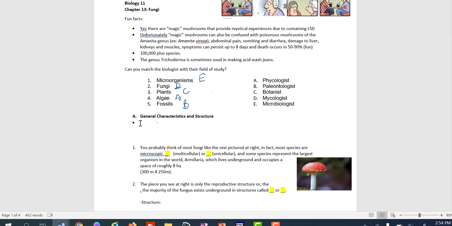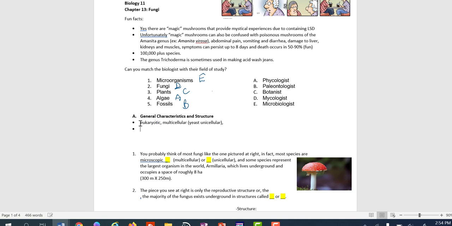So general characteristics and structure of these guys, they are, of course, eukaryotic. They are multicellular, with the exception of yeast, which we'll see down below, which are unicellular. They are, of course, heterotrophic.